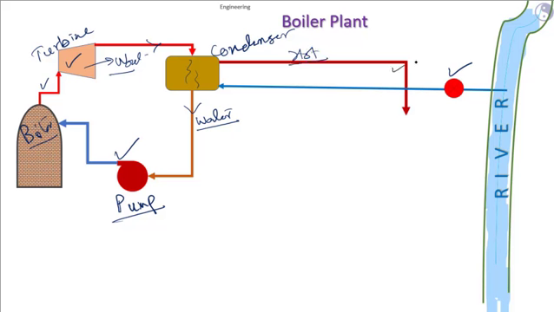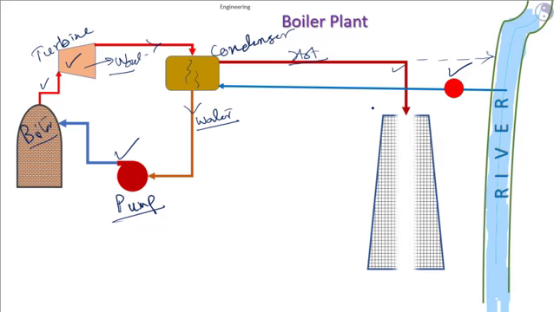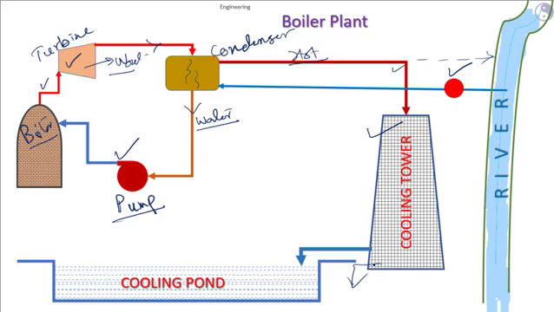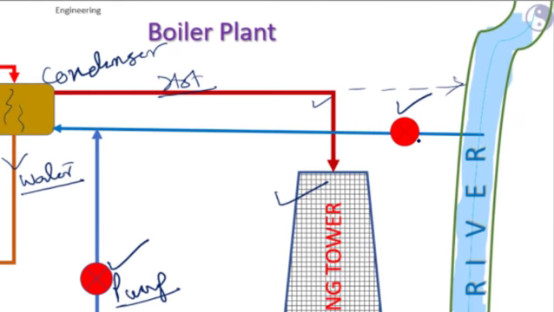This hot water can be directly discharged to the river, but this water can again be reused as condenser cooling water if it is cooled in a cooling tower, and that is why a cooling tower is required. So this is a cooling tower. Water coming out of the cooling tower is generally cooled enough, and it can be reused as cooling water, and it has to be pumped with the help of a pump for circulating purpose.